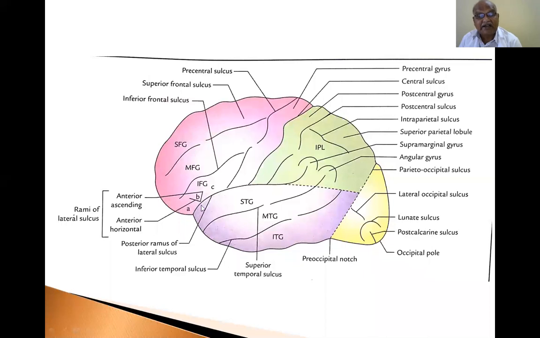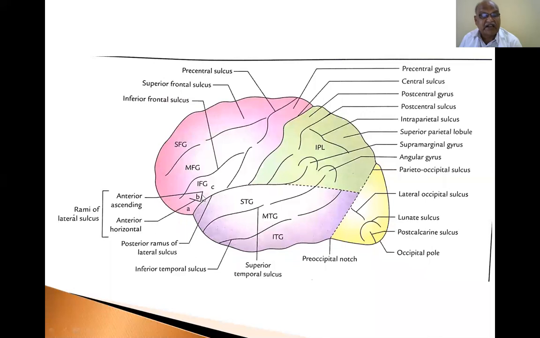Now, this is the lateral sulcus, the most prominent sulcus. This is the anterior horizontal ramus, at right angles to the lateral sulcus. This is going parallel to the lateral sulcus.